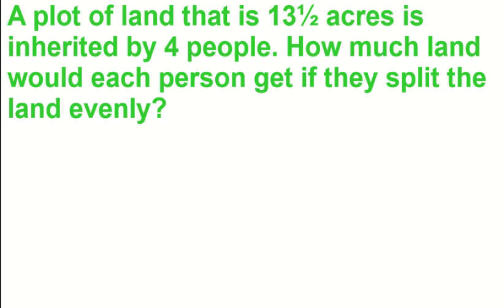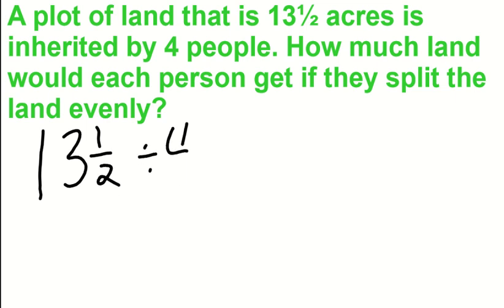The land. The land is being split up. When you do your division, whatever is being split up, whatever's being divided up is what needs to go first. So we've got 13.5 divided by 4. It's being divided between the 4 people.